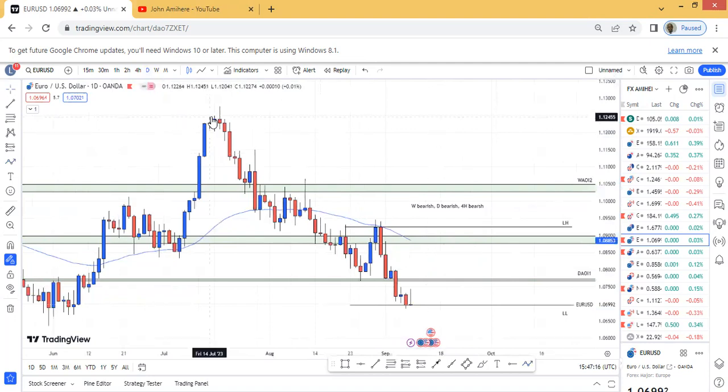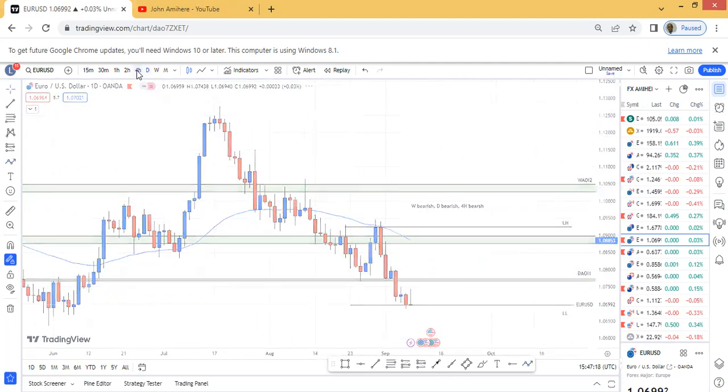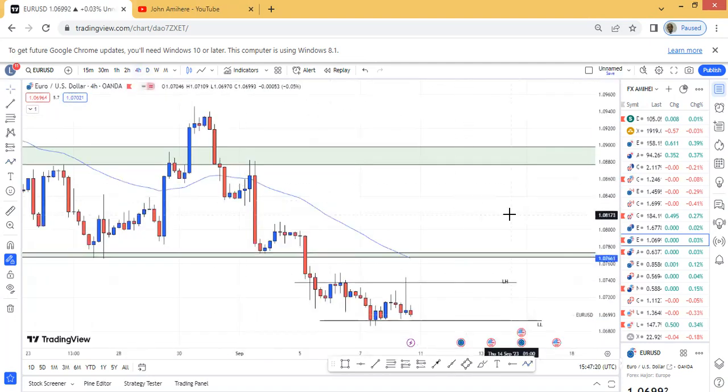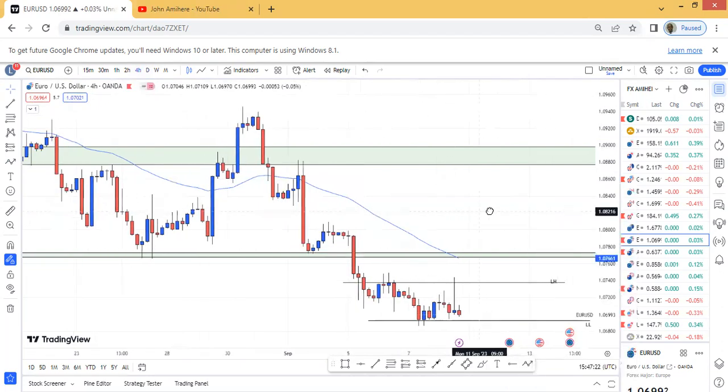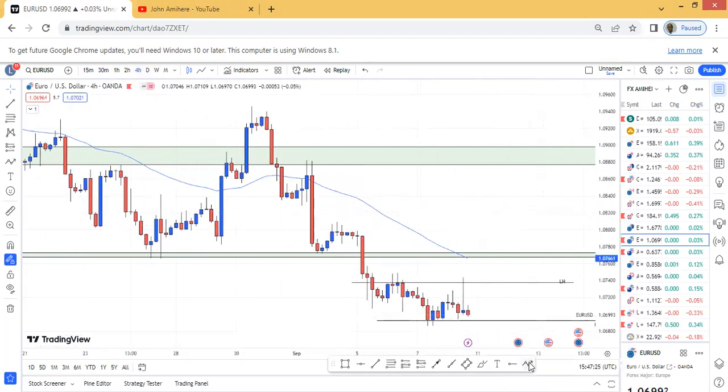Let's scale down to the 4-hour time frame. The 4 hours also clearly is bearish. A high, a higher low, higher high, higher low, higher high.